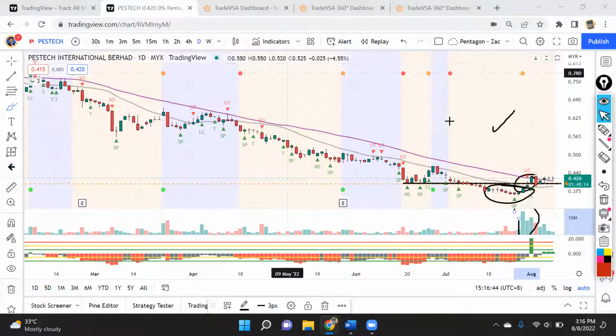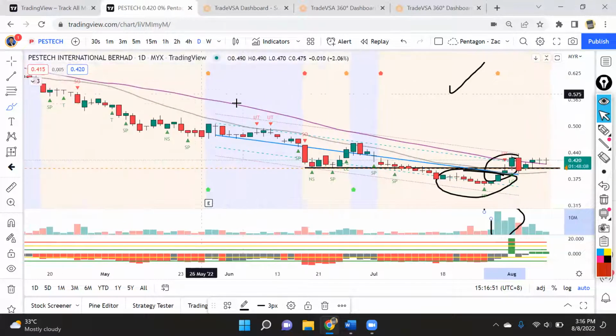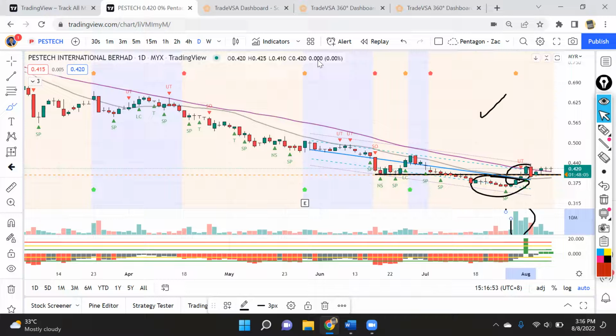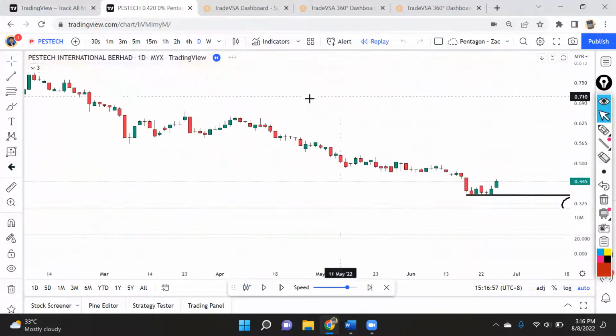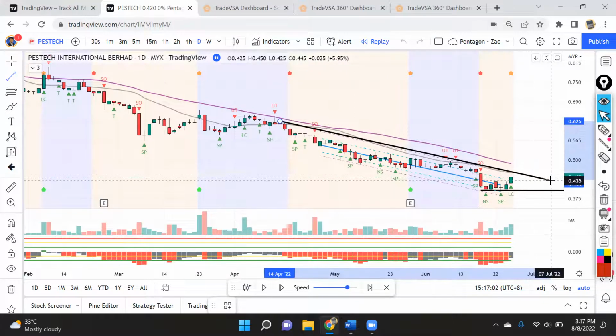This one also seems like it broke the downtrend line. So let me put in my trend line. If we go back over here, previous green pentagon candles, this is the main resistance.